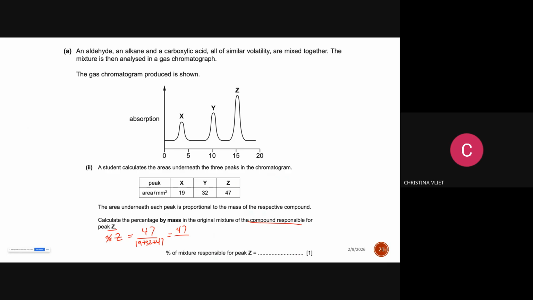I want to say it's 98. 98, okay. And then multiply that by 100 to get a percentage. And they do want three significant figures here for your final answer, 48.0%. You don't have to write the percent after because it already says percent there, but you can.